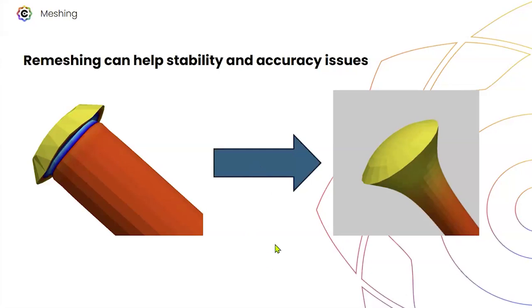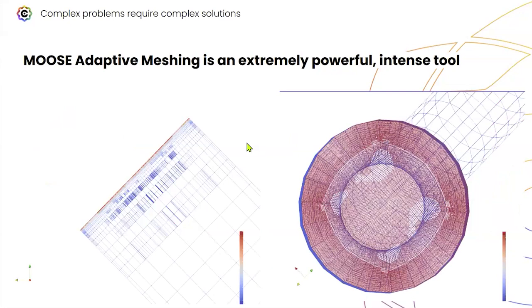And some of that has to do with the accuracy of the mesh to the physical world. And the other part is the gradient of the solution in that mesh. And for the gradient of the solution in that mesh, MOOSE has this adaptive meshing tool.